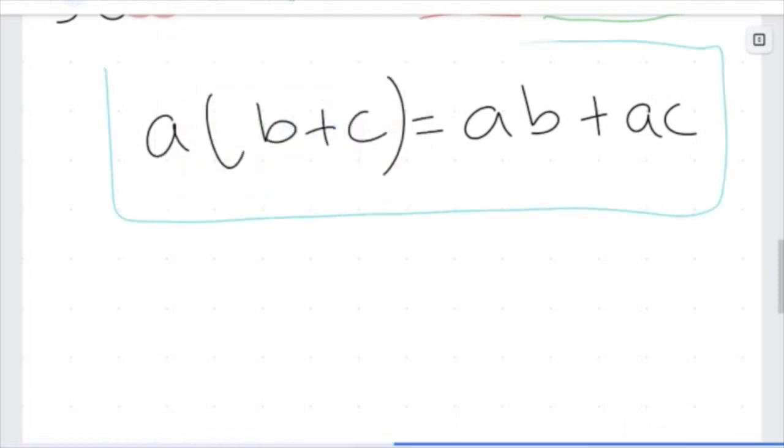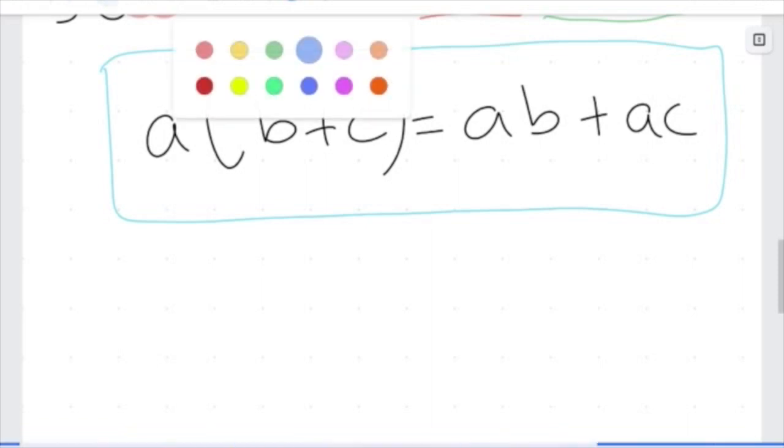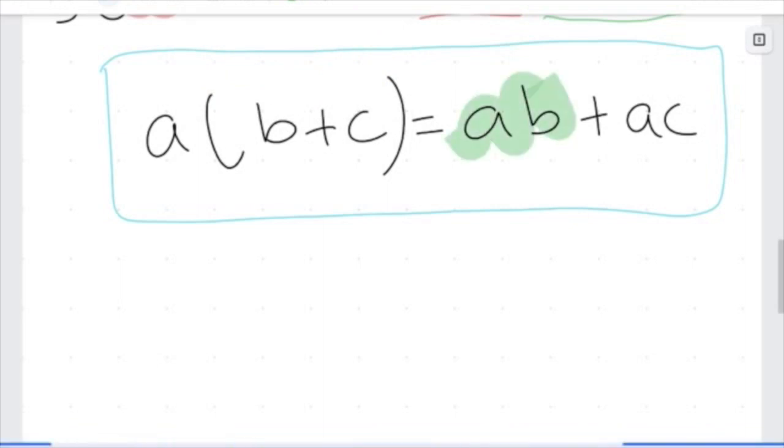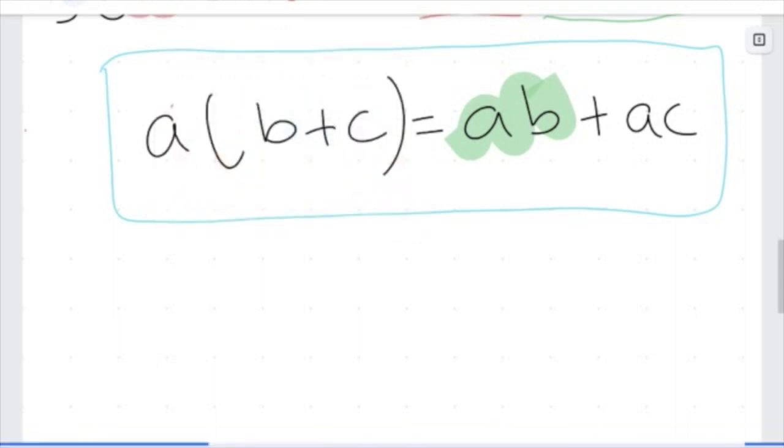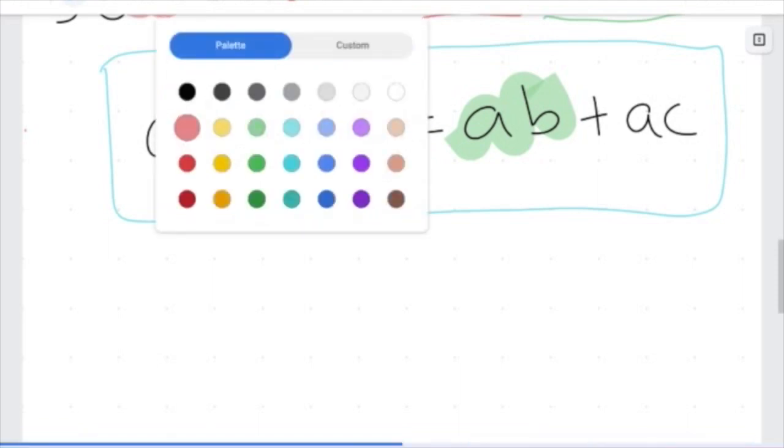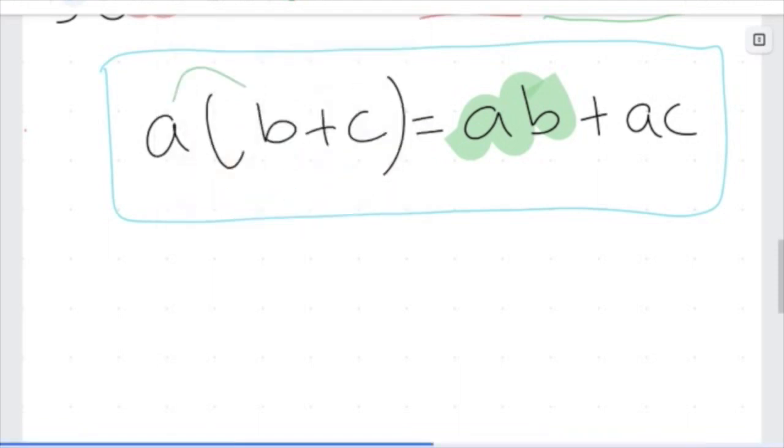Well, we have just applied the patterns that we've been noticing to all numbers. Now, we get these two terms, once again, from multiplying the outside by the inside. Sorry, let me color coordinate this so it makes a little more sense. Green with green.